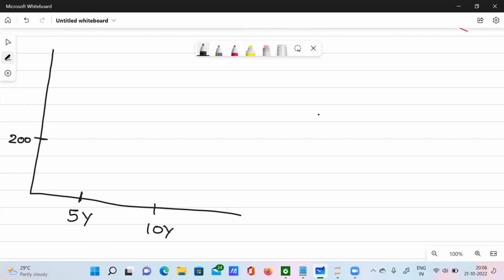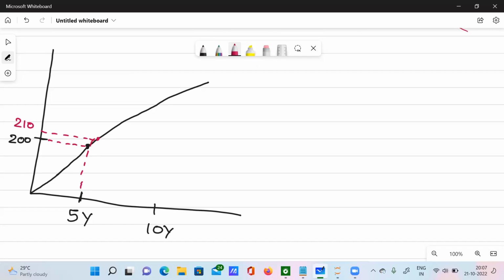Our model has predicted this, so this would be the point here. For 5 years, our model has predicted that the petrol prices will definitely go and hit 200 rupees. But what has actually happened is the price has crossed this value and ended up at some value like this, which is nothing but the 210 here.